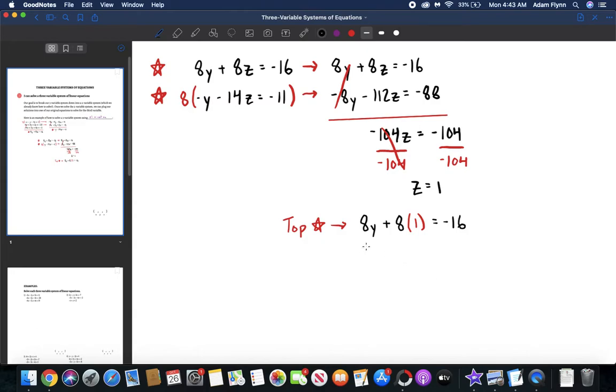So if I simplify this, I have 8y plus 8 equals negative 16.